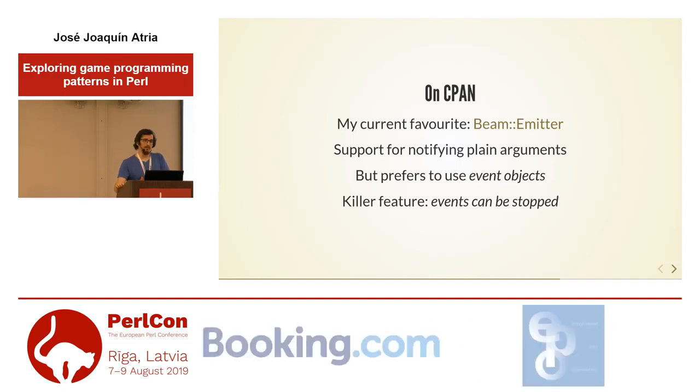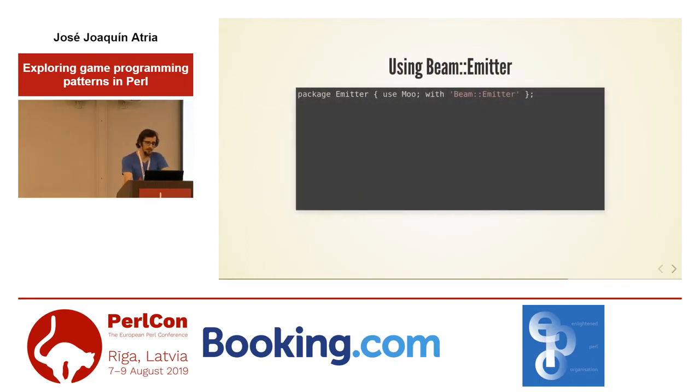But Beam::Emitter prefers to use event objects, and this brings with it the killer feature that events can be stopped. So say you have an emitter that implements that role, you can instance it, and then you can add an event handler to say a tick event.